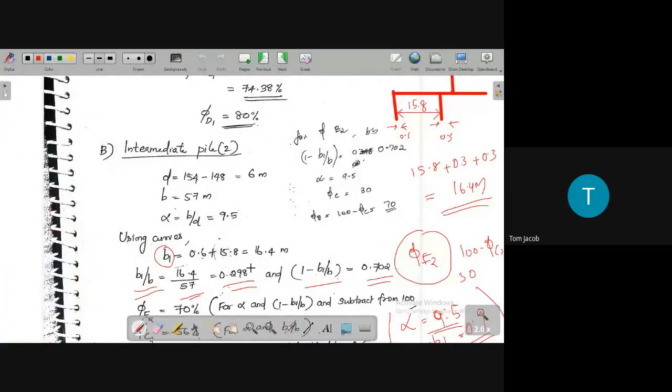See here, alpha value is 9.5 and B1 by B equal to 0.298. So the value of B1 by B for our case is less than 0.5. So let us take 1 minus B1 by B.